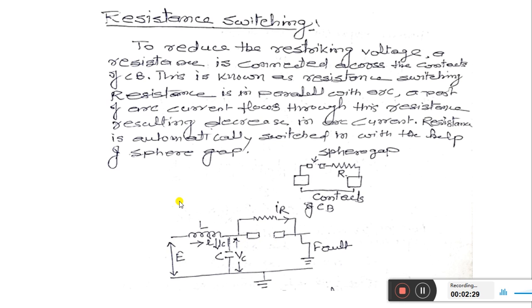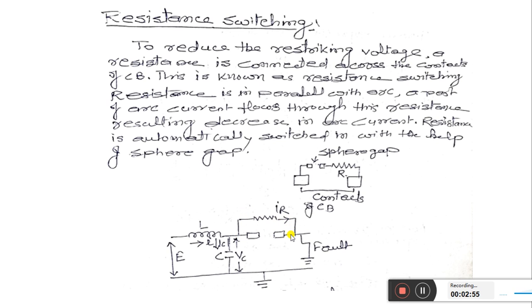This is the same circuit diagram which was described in the derivation of the restriking voltage. The only difference is that here we are opting for a method to reduce the restriking voltage, so we have connected a resistance R across the circuit breaker contacts.